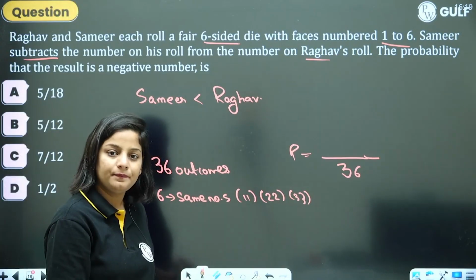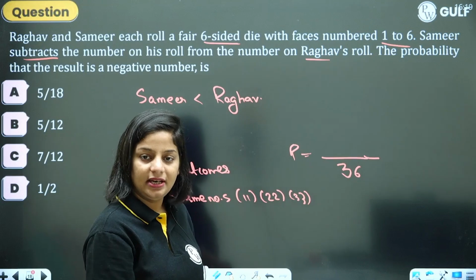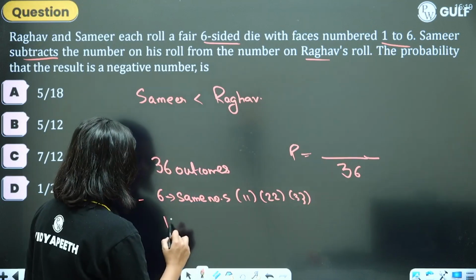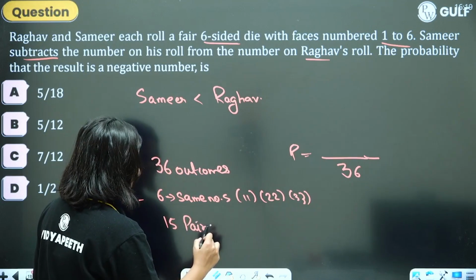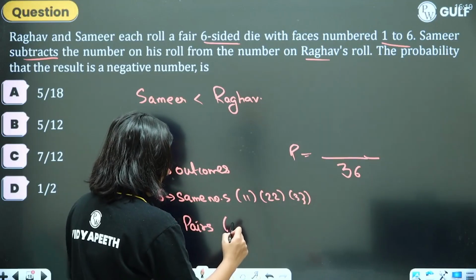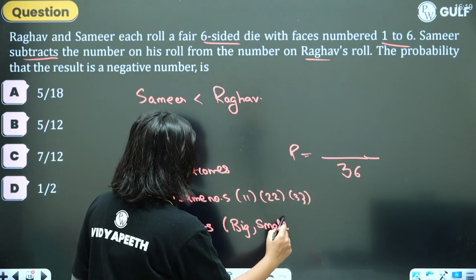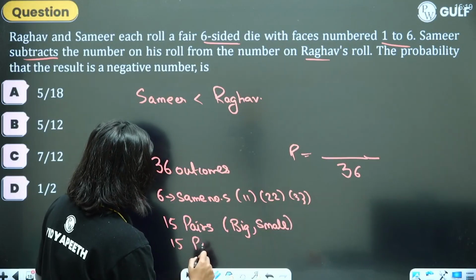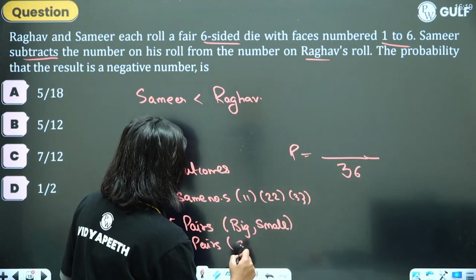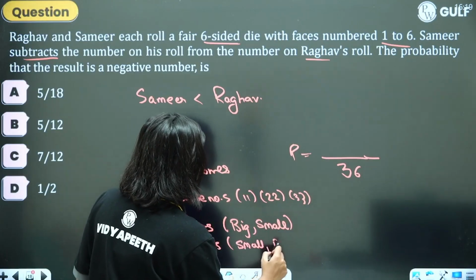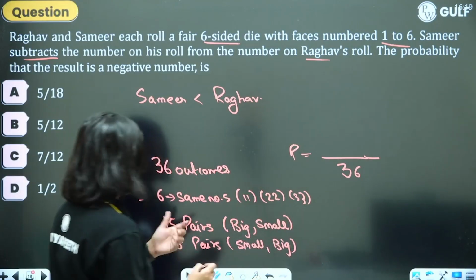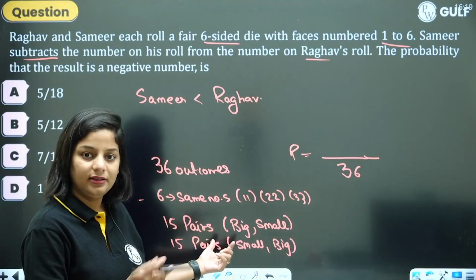Do you agree? Out of the remaining 30, there will be 15 pairs in which the first number is big, second number is small, and there will be 15 pairs in which the first number is small and second number is big. There is no other reason why it should not be equal. And they should be divided equally.